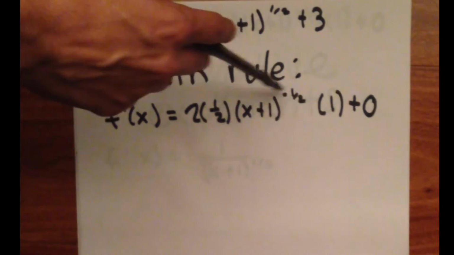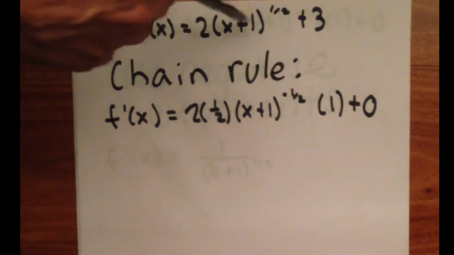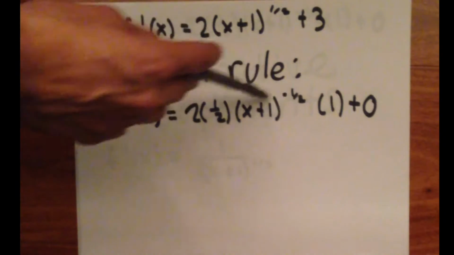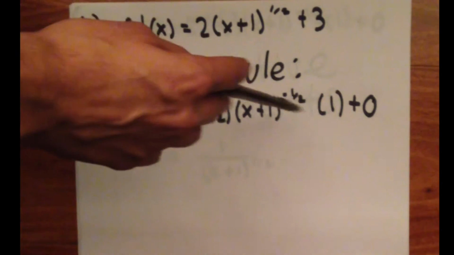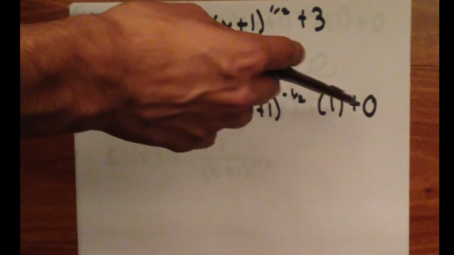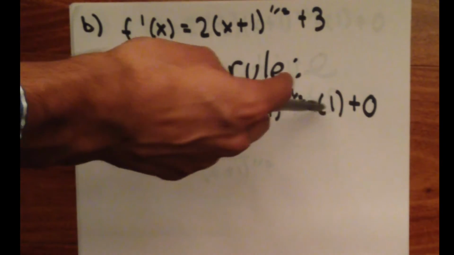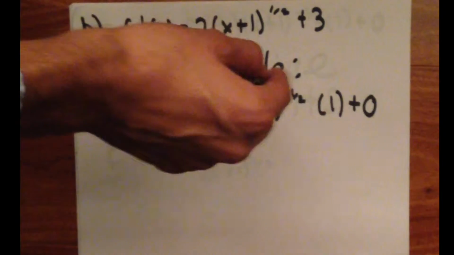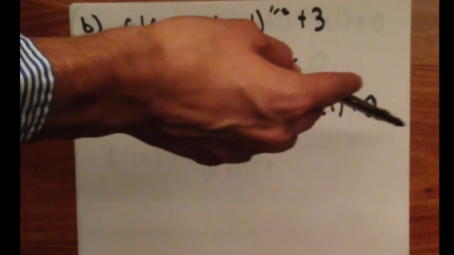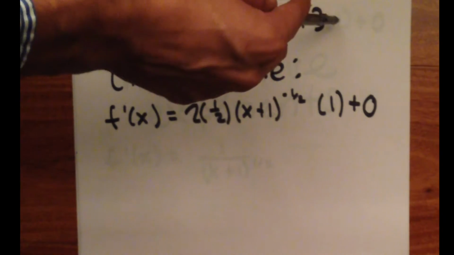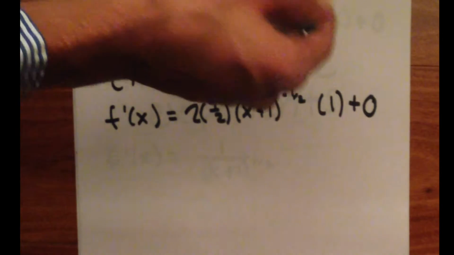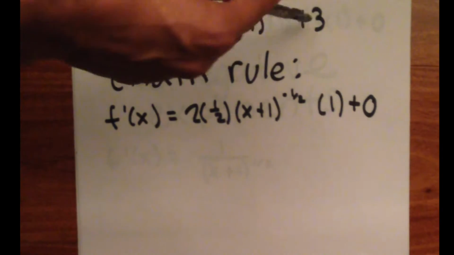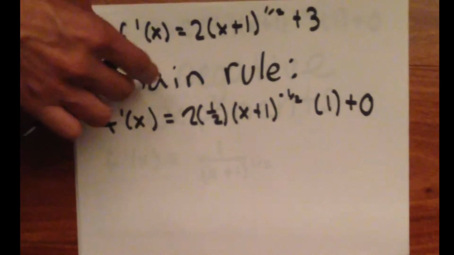The reason we have a minus 1/2 here is because we subtracted 1 from the 1/2, leading us to have a negative 1/2, times 1, which is the derivative of the x plus 1, plus 0, because if a number doesn't have an exponent, the case being here the 3, the derivative will be equal to 0.